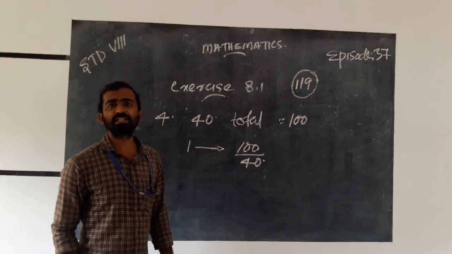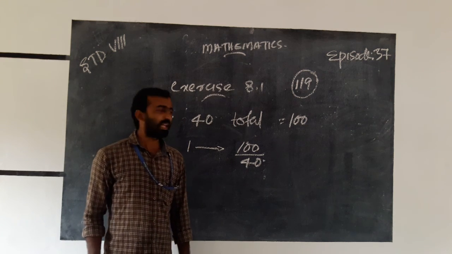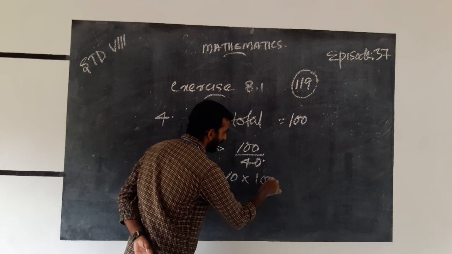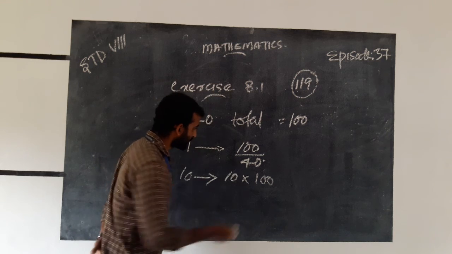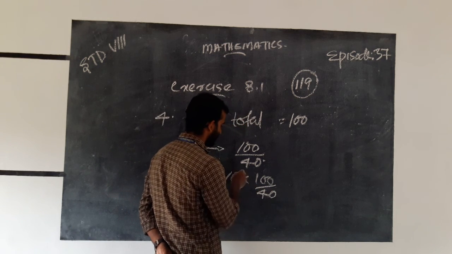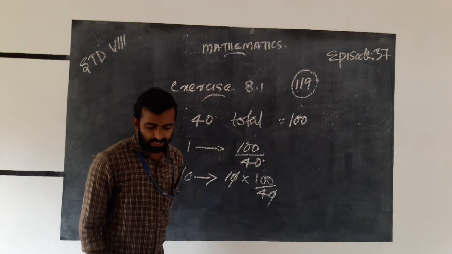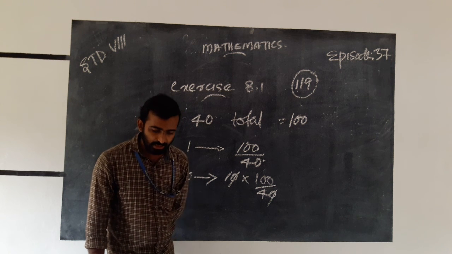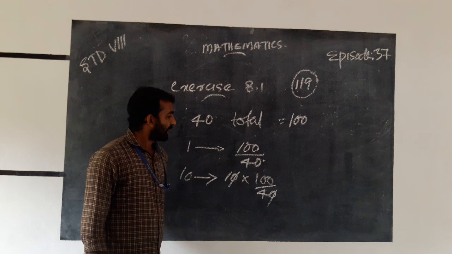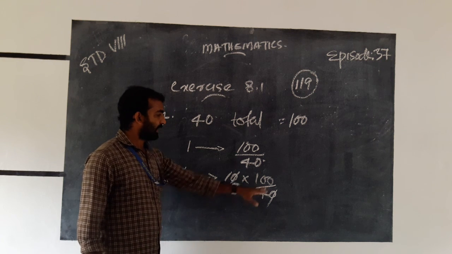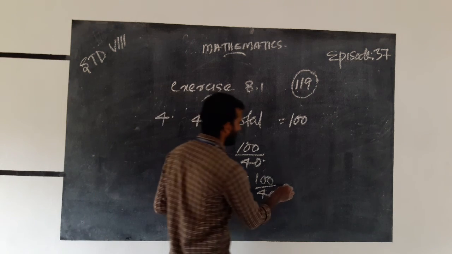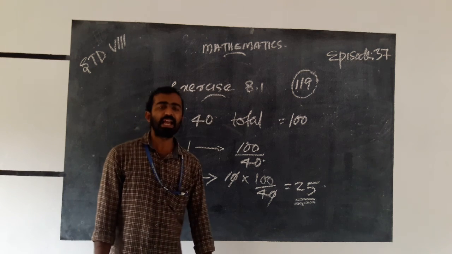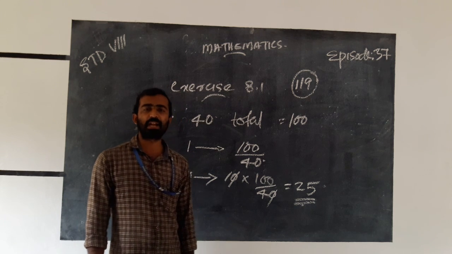So 10 matches is 10 into 100 by 40. We can cancel, and we get 100 by 4, which is 25. Hence, 25 matches are played in total.